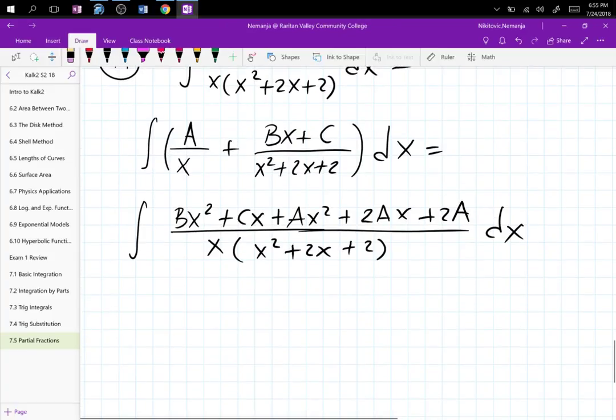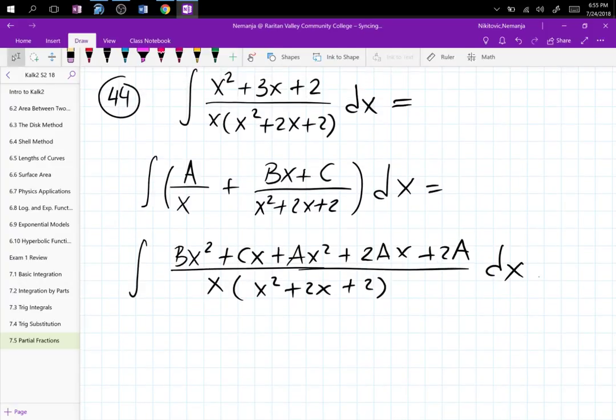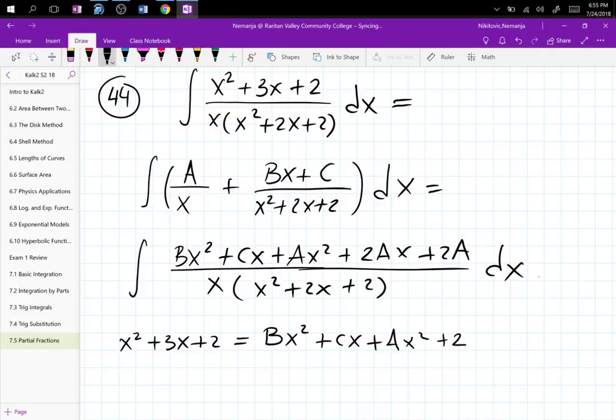So now we go and we do the comparison. I have to compare x squared plus 3x plus 2 to Bx squared plus Cx plus Ax squared plus 2Ax plus 2A.